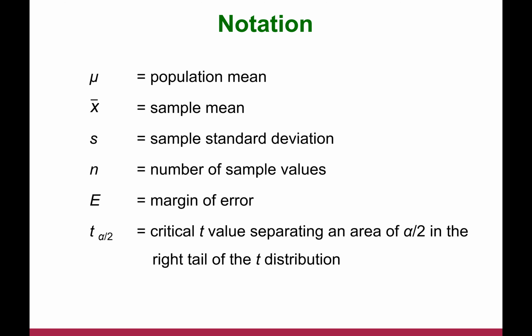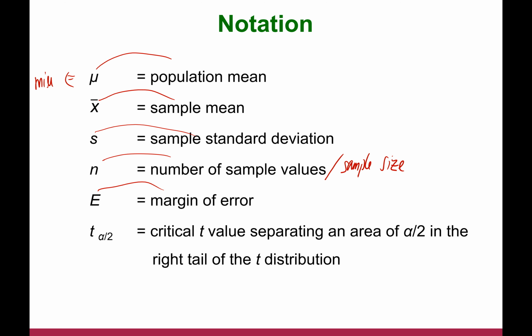So let's summarize all these notations. Mu is the population mean, x bar is the sample mean, s represents the sample standard deviation, n represents sample size, and E represents margin of error.